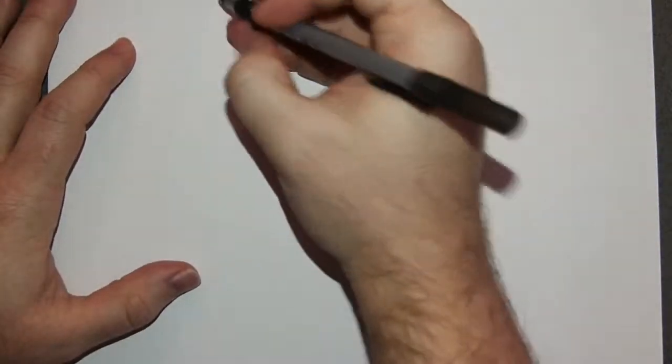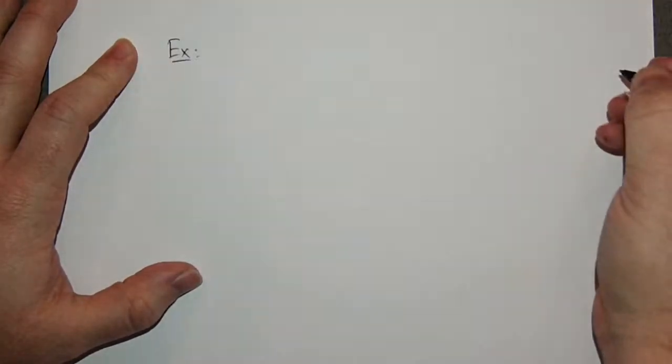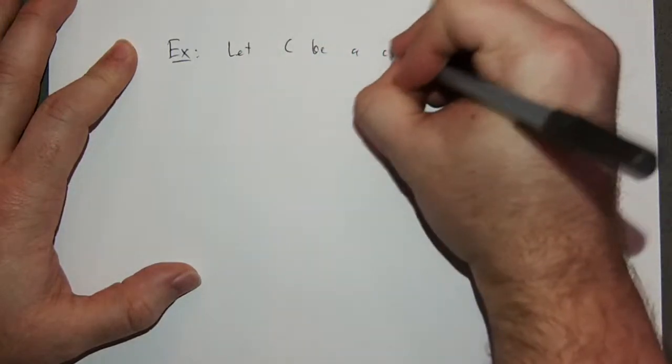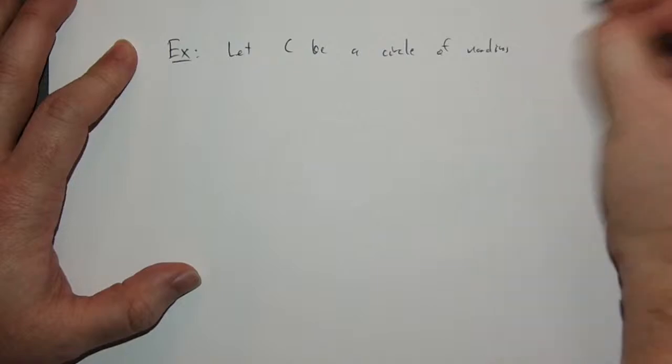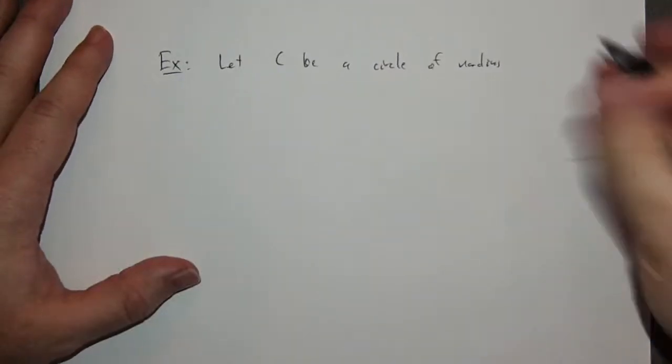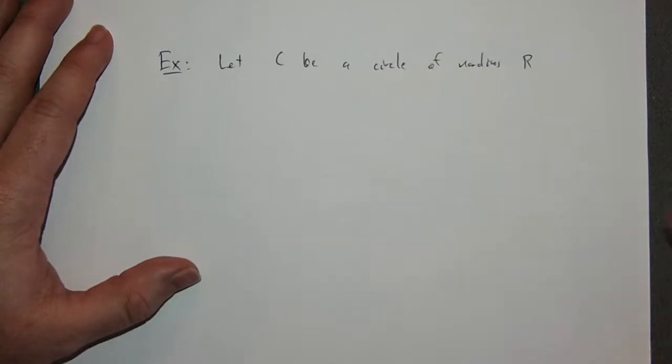So let's take C to be a circle of radius capital R. We'll make it capital R so it's easier to differentiate.